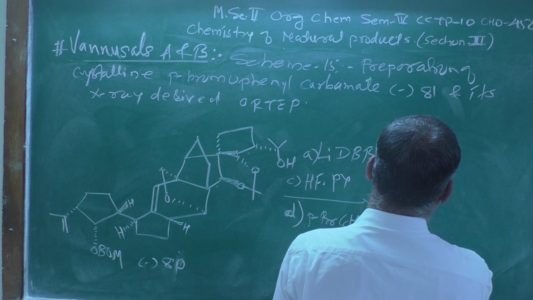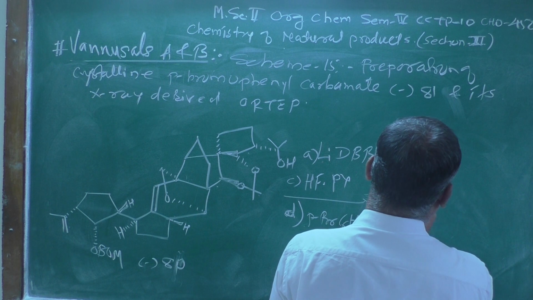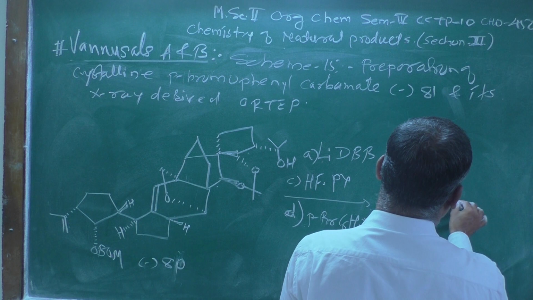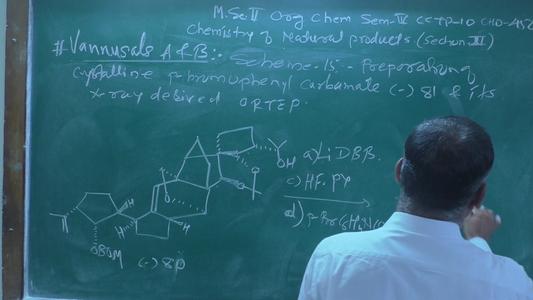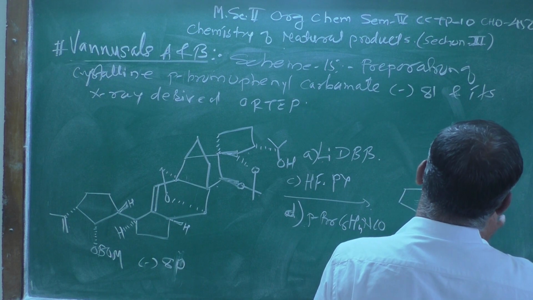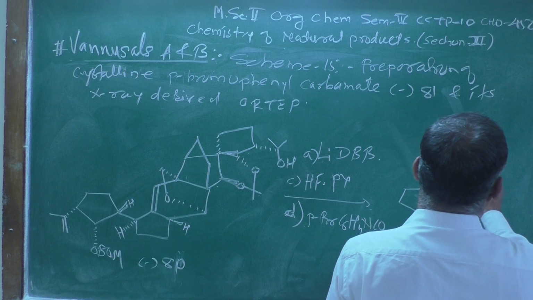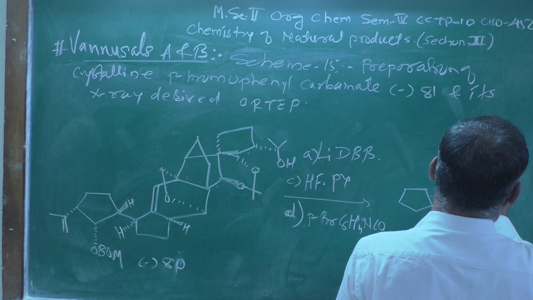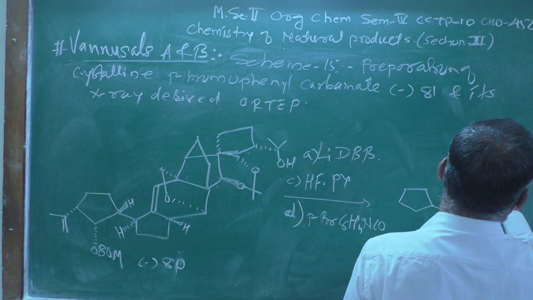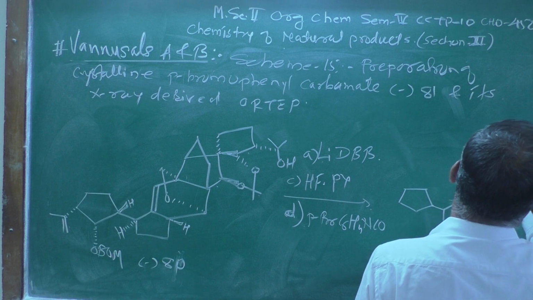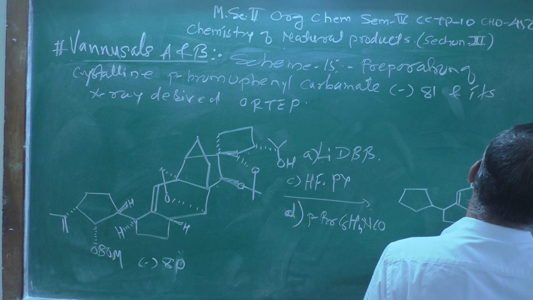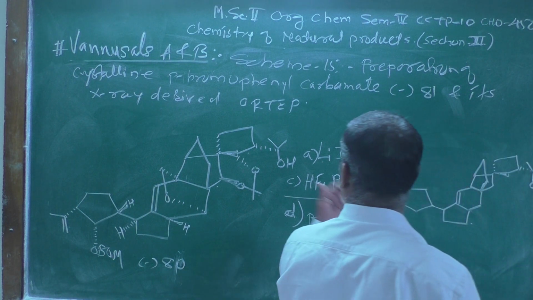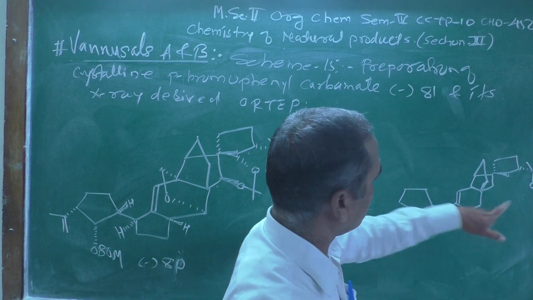Let us see the structure which I am going to draw over here. You can see carefully. This is a 5-membered ring, and the 5-membered ring is further attached over here. There is an OH hydroxyl group, and that group remains as it is.